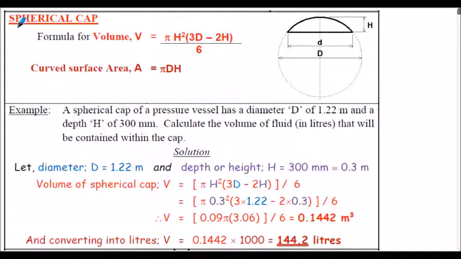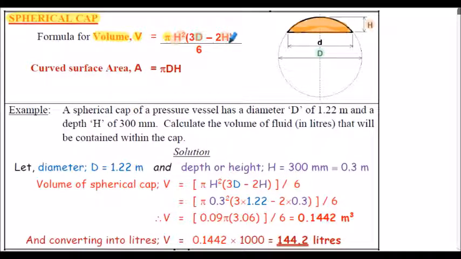Consider the spherical cap, shown here in the sketch. The volume V of a spherical cap is given as pi multiplied by h squared, where h is the height of the spherical cap, and that's multiplied by, in brackets, 3 multiplied by uppercase D, which is this diameter here, minus 2 multiplied by the height h.